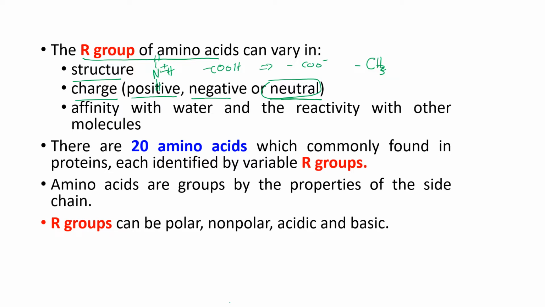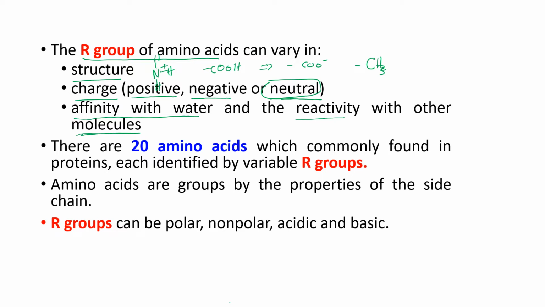The R group also allows the amino acid to be attracted to water or not. The R group will allow the amino acid to vary in the affinity with water, and the reactivity with other molecules.